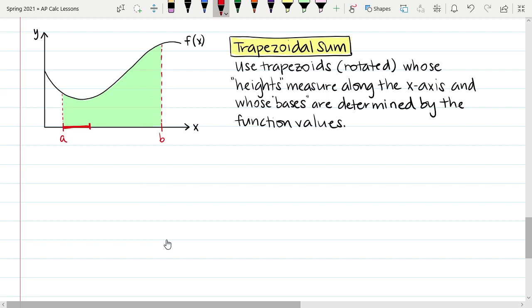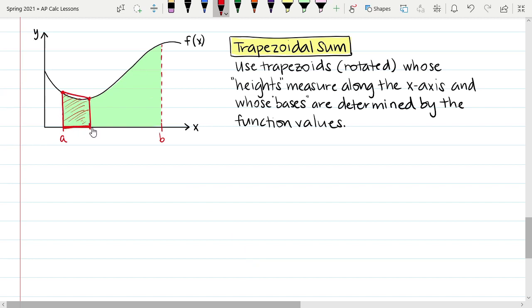And then the bases are going to be determined by the function value at both endpoints. So there and there. And then the fourth side just connects those. So that's the first trapezoid that we're looking at.